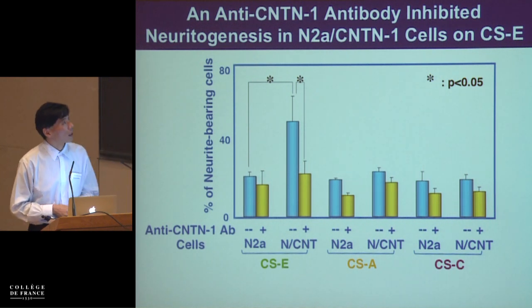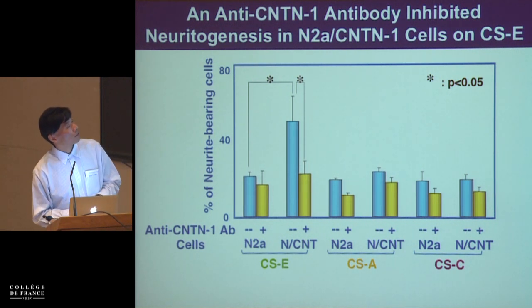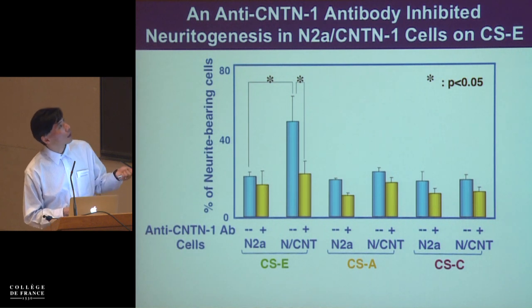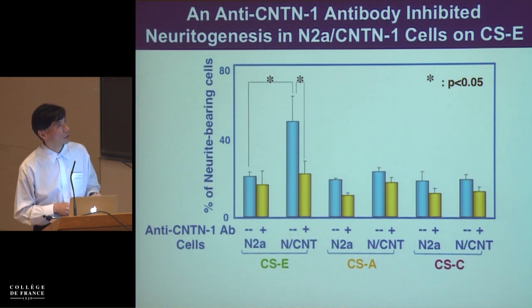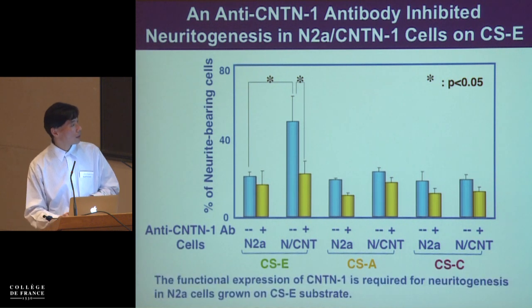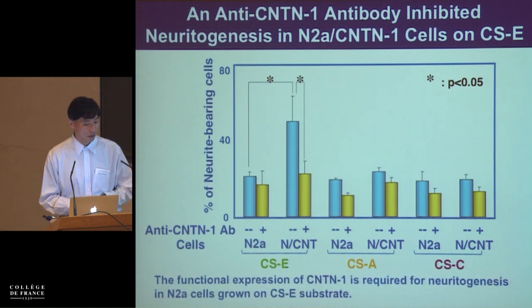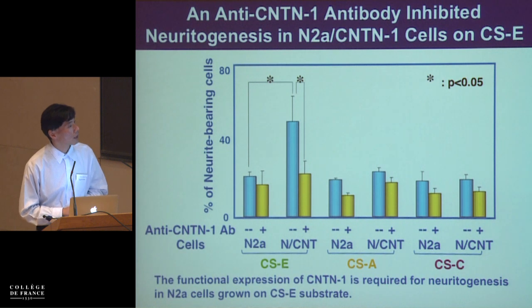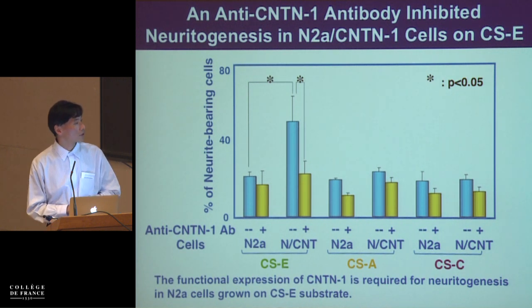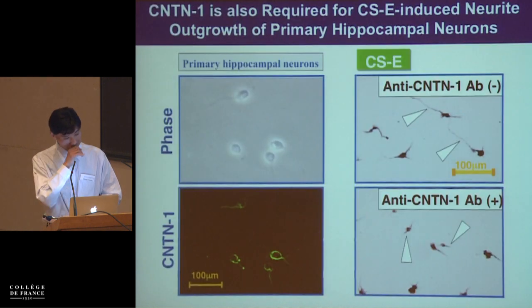Notably, application of a functionally blocking anti-contactin 1 antibody effectively inhibited neurogenesis in Neuro2A contactin 1 cells on chondroitin sulfate E substrate, indicating that functional expression of contactin 1 is required for neurogenesis in Neuro2A cells grown on chondroitin sulfate E substrate.